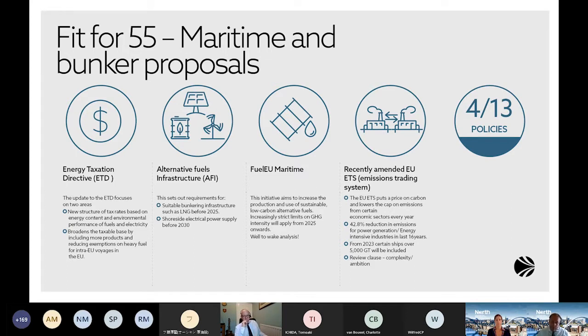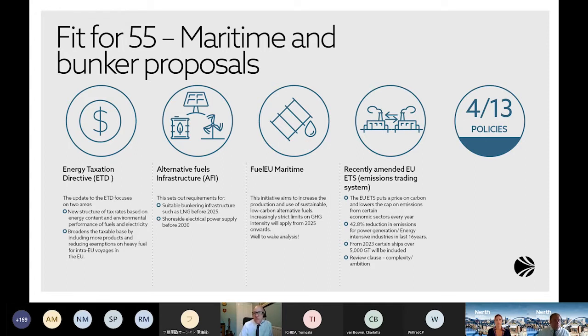From 2023, it's set to include certain ships over 5,000 GT. It's important to note that there's a review clause built in, so that it can match up with other guidelines and regulations, for example, the IMO.